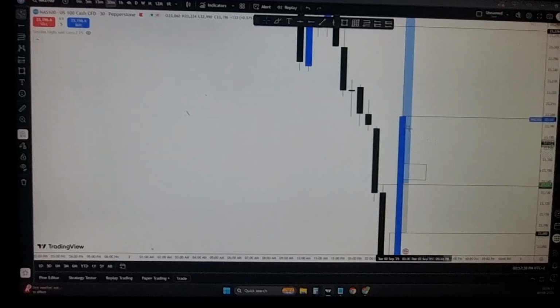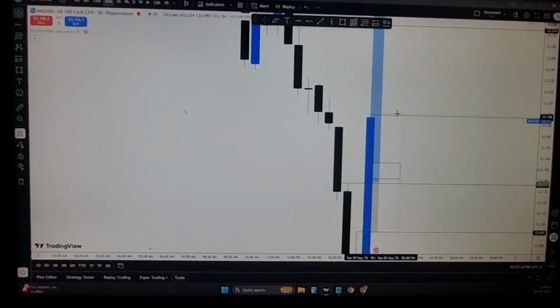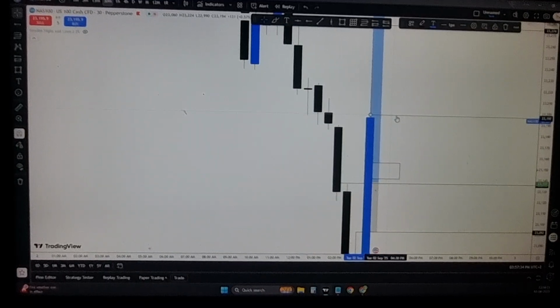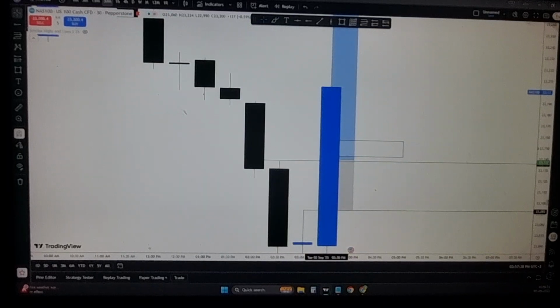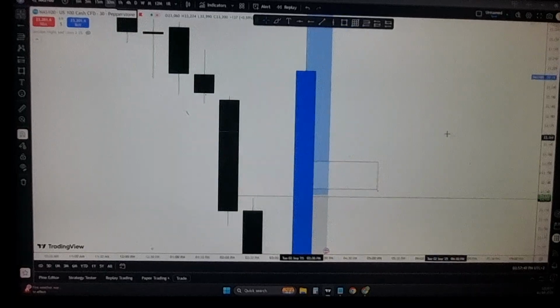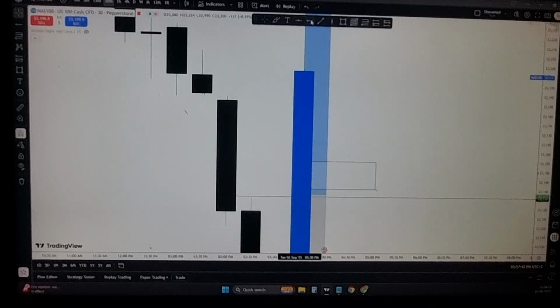Okay, it's going to be important for us how this 30-minute closes to see if we are going to enter with a light risk.